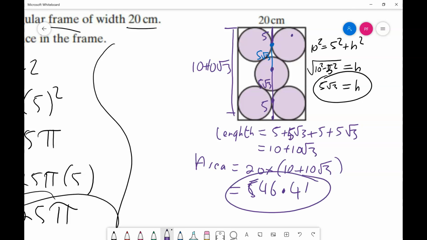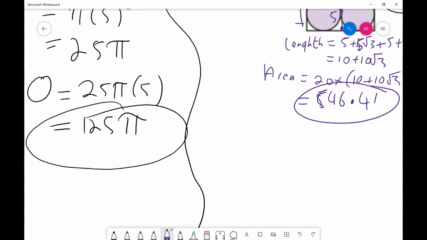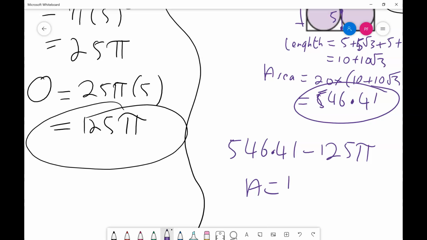So that's the area of the entire rectangle. So to find the empty space, I'll just take away the area of the circles. So minus 125 pi. And that remaining area is 153.71 centimeters squared.